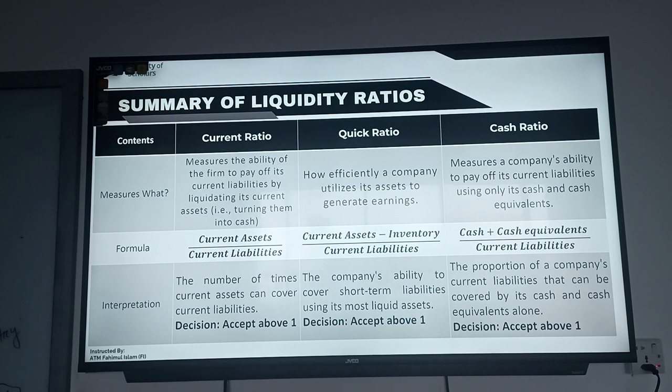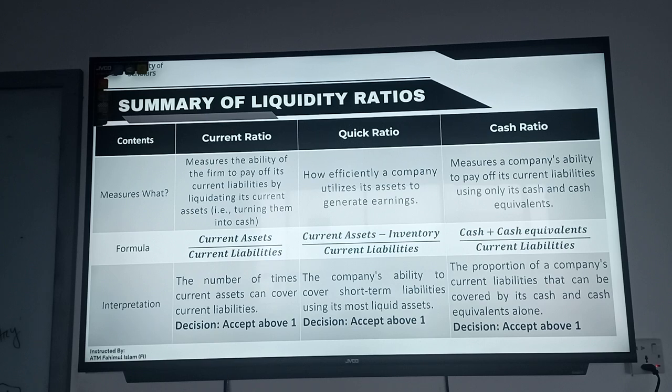The current ratio measures the ability of the firm to pay off its current liabilities by liquidating its current assets, for example, turning them into cash. So the equation is we divide the current assets by current liabilities.